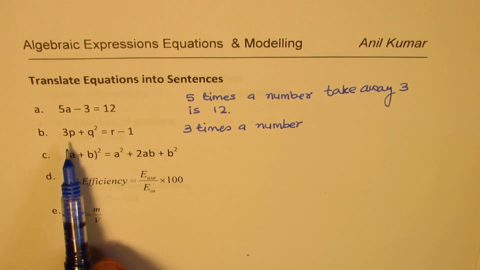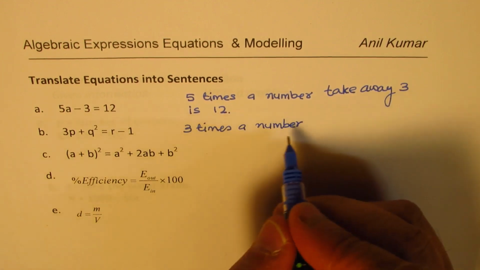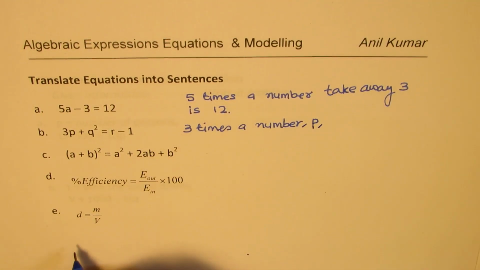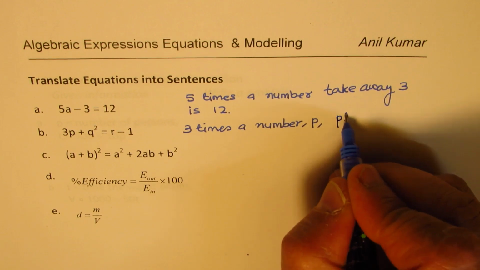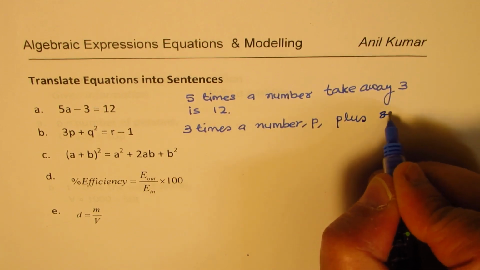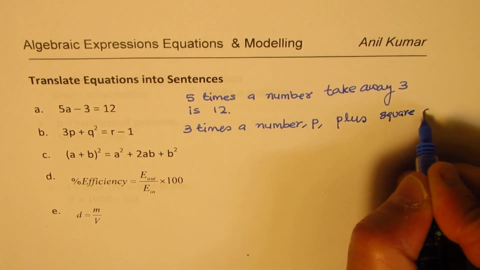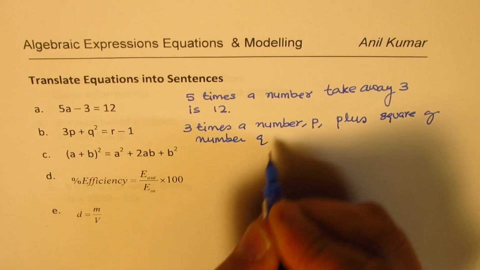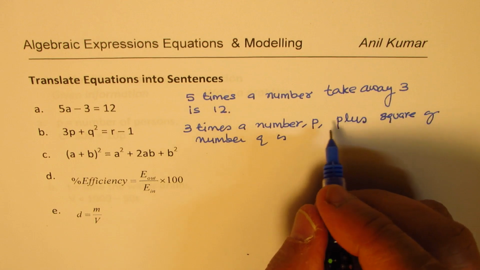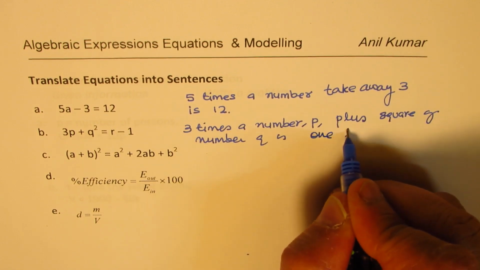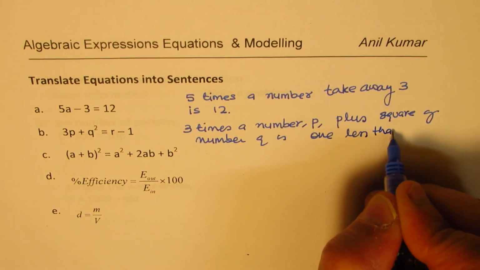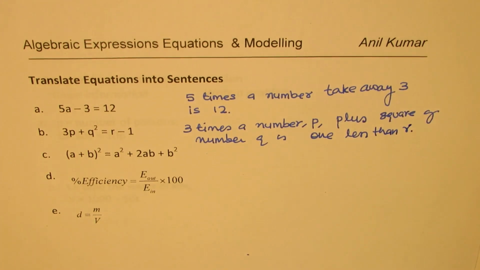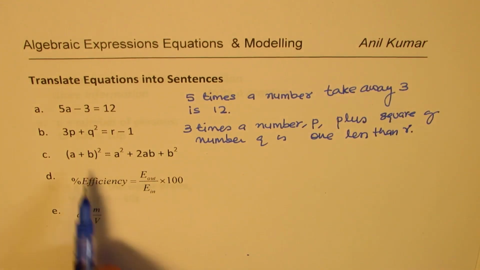So in the equation, you could write this as 3 times the number p plus square of number q is 1 less than r. Right? So that gives you this second equation.